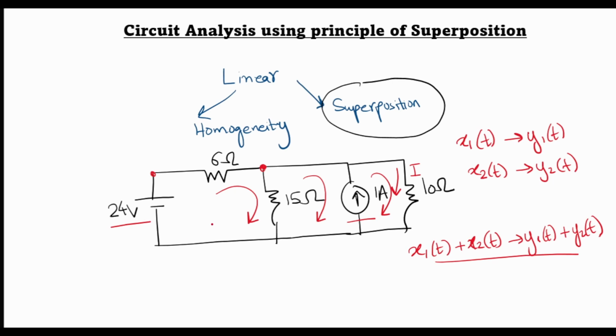So let's see what happens when we only apply the 24 volt source and we open the 1 ampere current source.